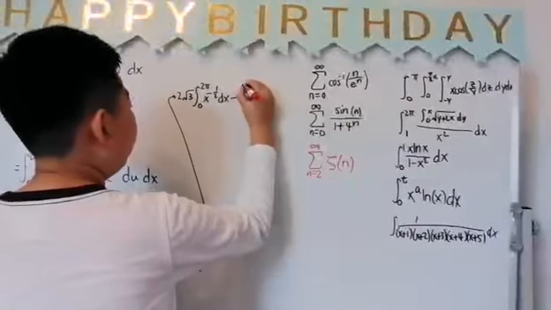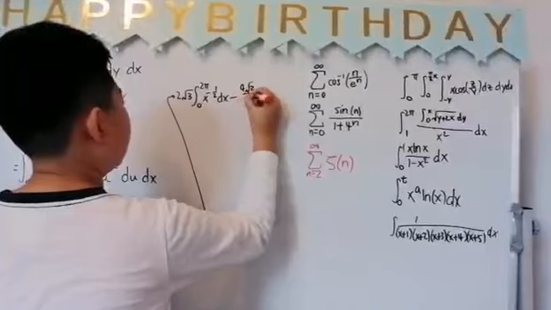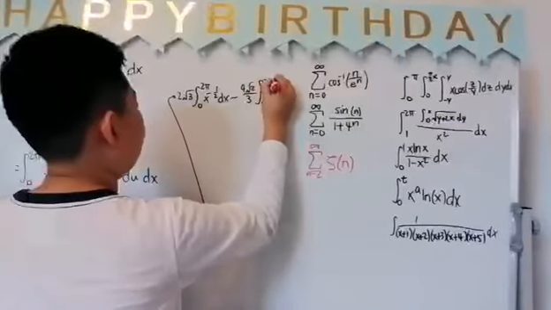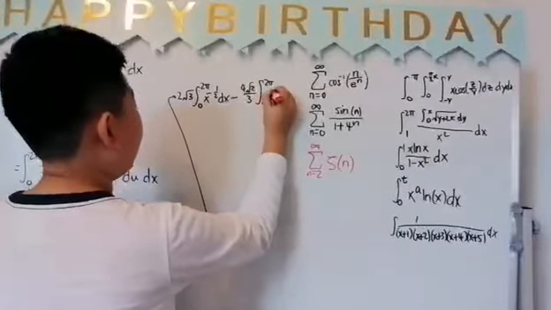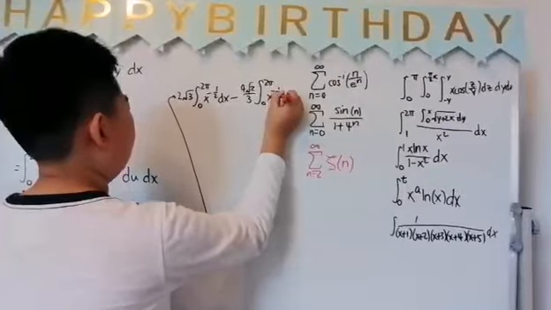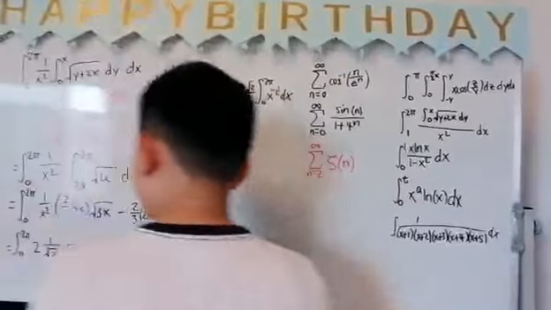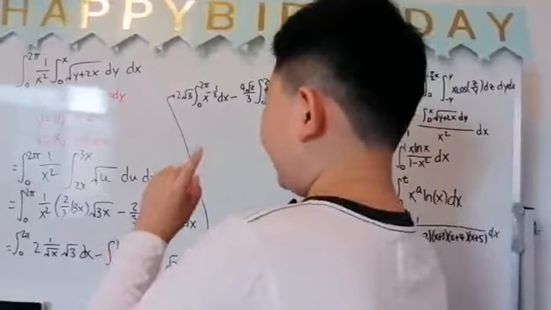We get 4 root 2 over 3 times the integral going from 0 to 2 pi of also x to the negative 1 over 2 power, and then dx like that. Let's see here.